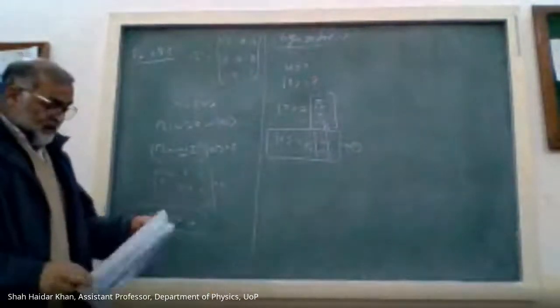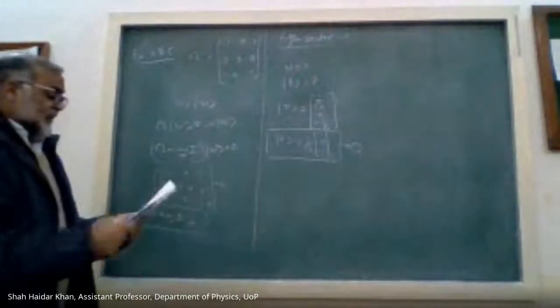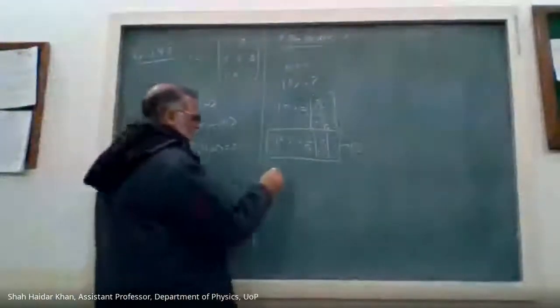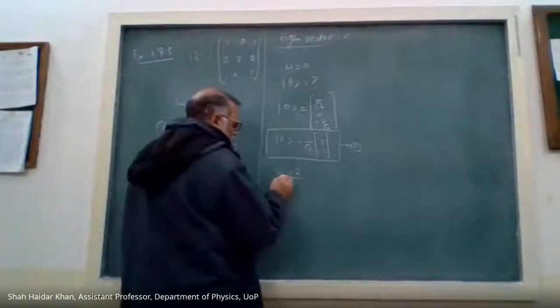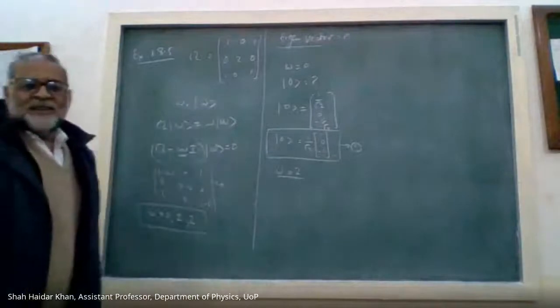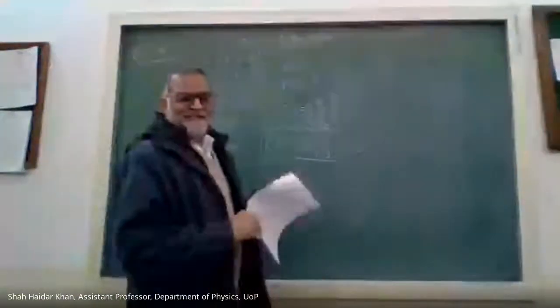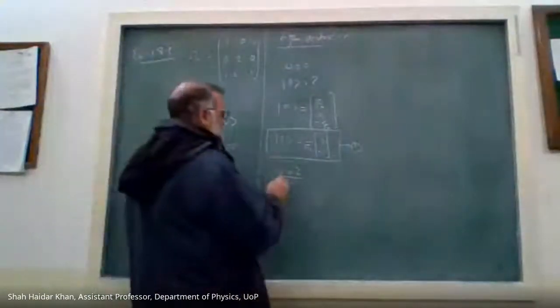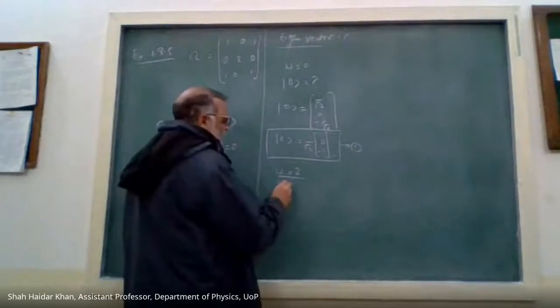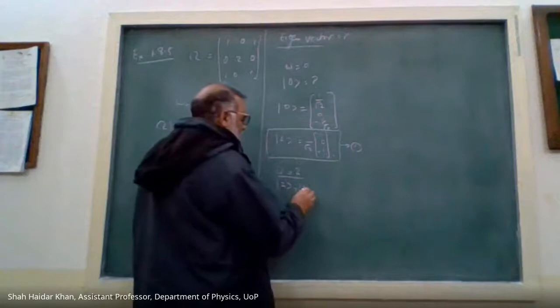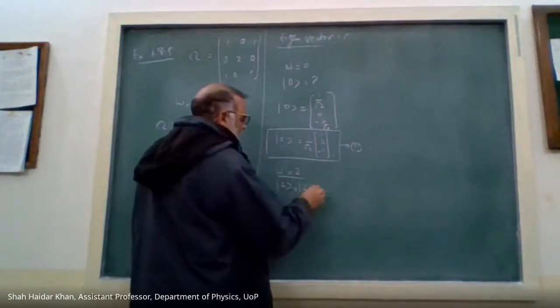Now, what is the eigenvector for omega is equal to 2? There is a double degeneracy, so there will be two states. Let us represent one by 2 and the other by 2 prime.